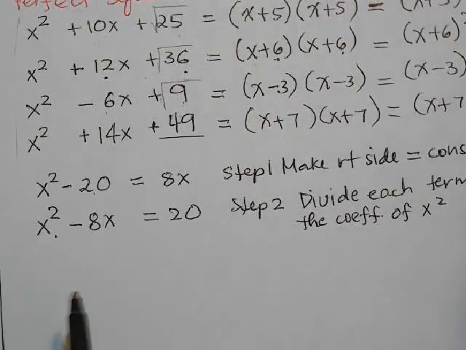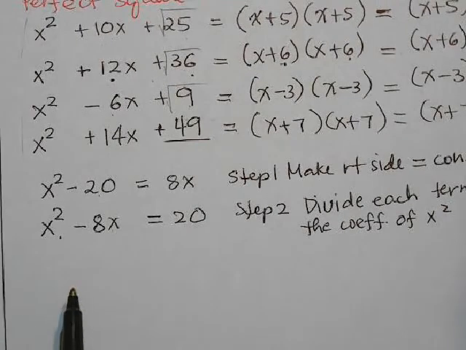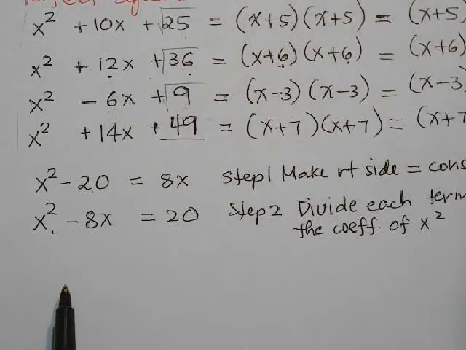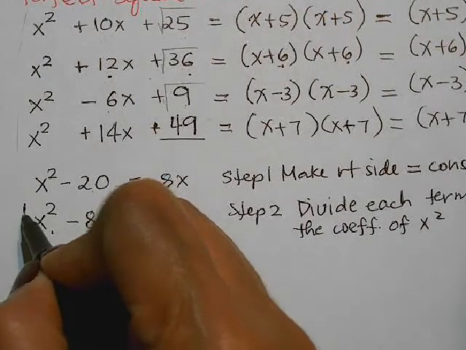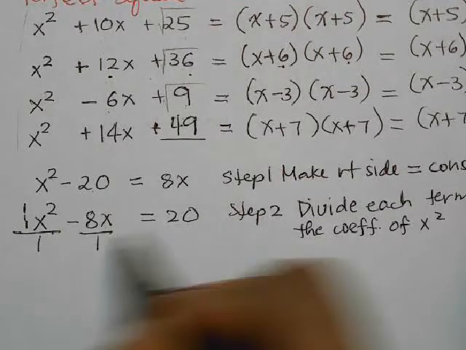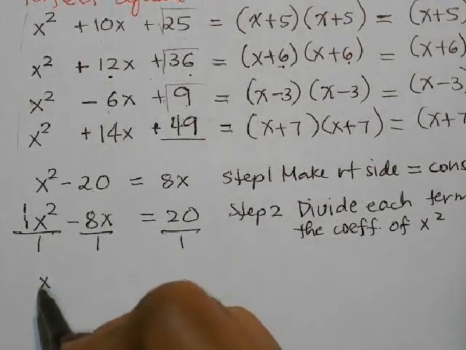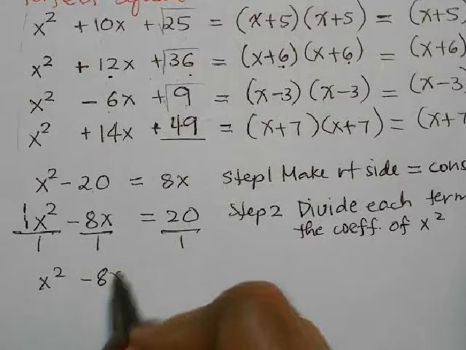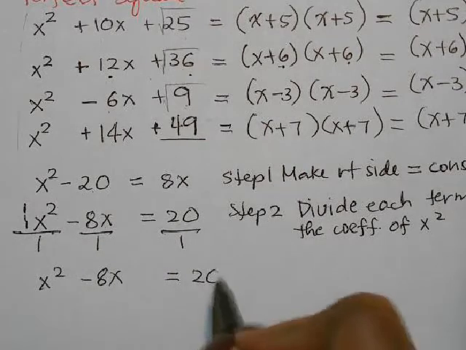So let's look at our x squared here. The coefficient is an invisible one. If we divide everything by 1, it doesn't change. x squared minus 8x equals 20.